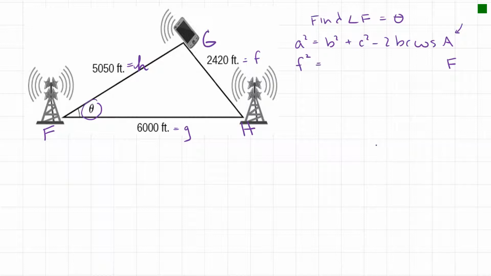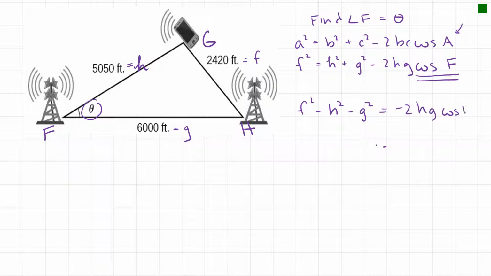And these two are the other sides, which are h squared plus g squared minus 2hg cosine F. And I'm going to isolate, first of all, cosine of F. So I'm going to subtract h squared and g squared from both sides. And then I'm going to divide both sides by negative 2hg. And now I've got the cosine of F isolated, and I'm going to plug in my numbers.